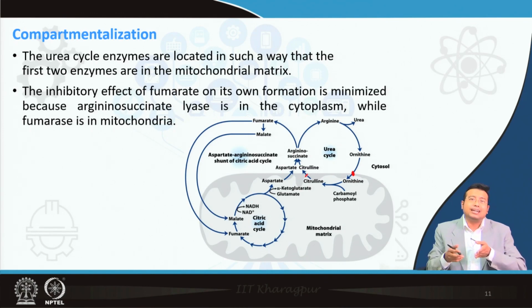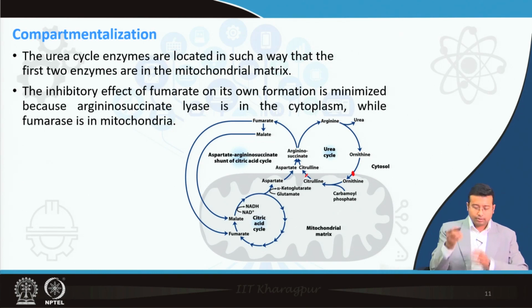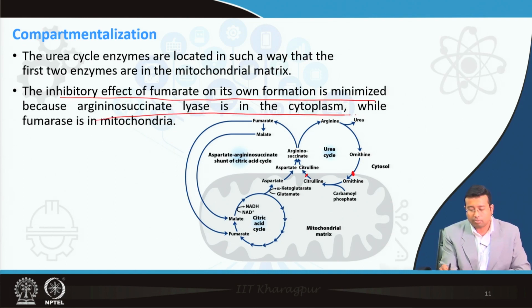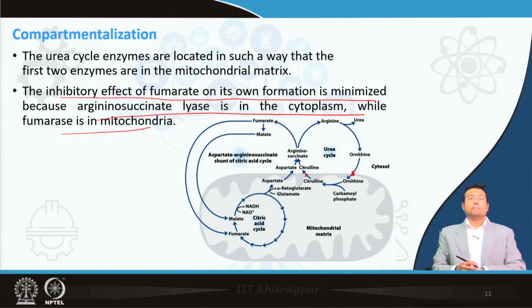Since the cycle is designed in such a way that a few steps are in the mitochondria and a few steps are in the cytosol, there is one step where fumarate is produced, right. The inhibitory effect of fumarate on its own production is minimized because argininosuccinate lyase is in the cytoplasm while fumarase is in the mitochondria.